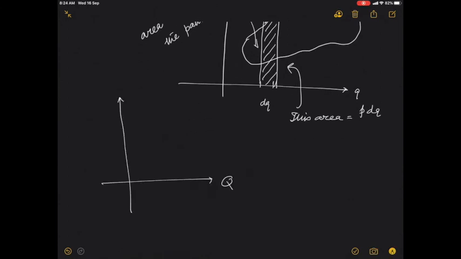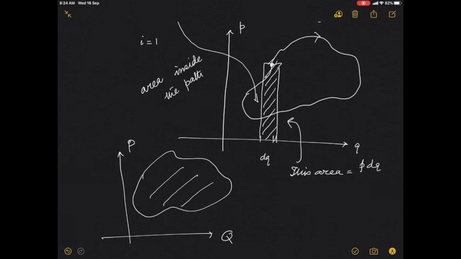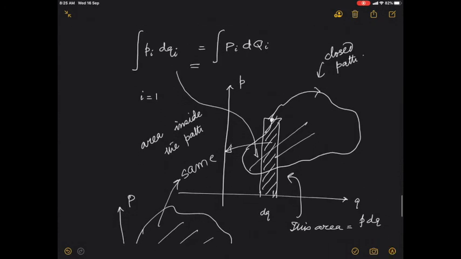And this equal sign is telling you that I may have another Q and another P. The area here and the area here are the same. So the area under a closed phase space trajectory doesn't change in a canonical transformation. Okay, so I think that I will leave you with this today, and we'll discuss canonical transformation further.